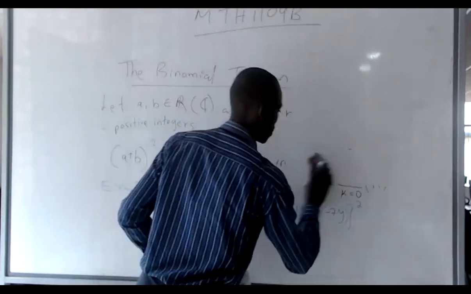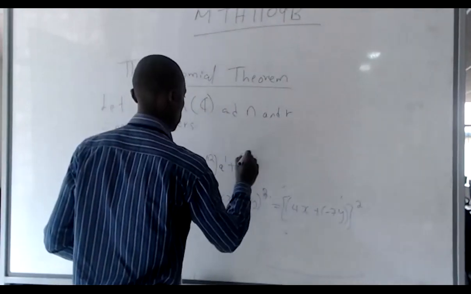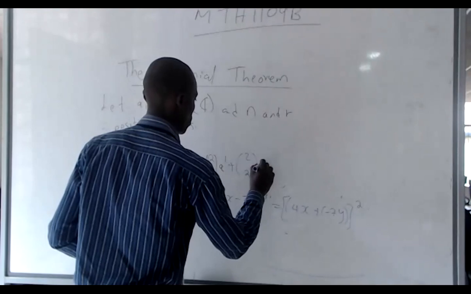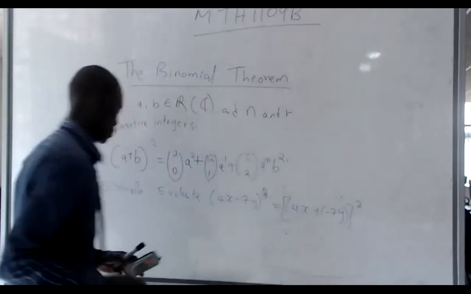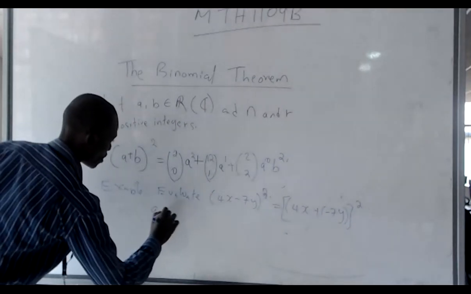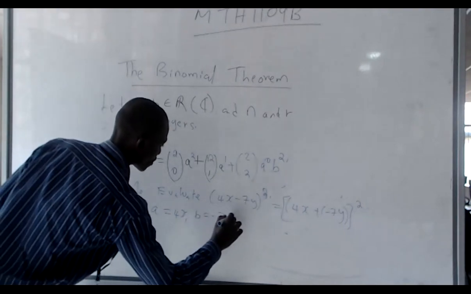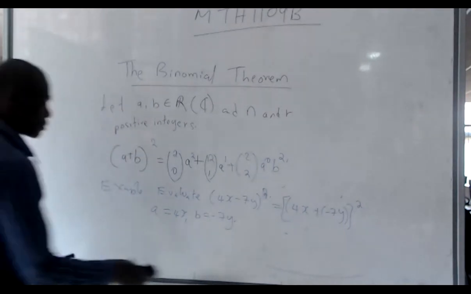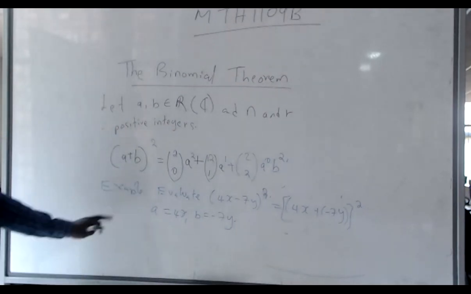I don't need all this. I don't need a third term. Plus 2 combination 2 of a raised to 0, b raised to 2. So now for this guy, a is playing the role of 4x, b is playing the role of minus 7y. Okay.